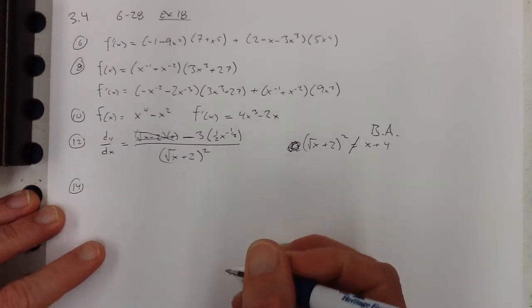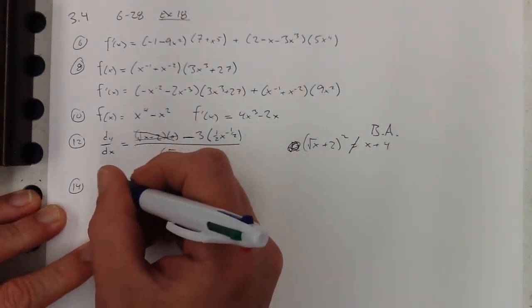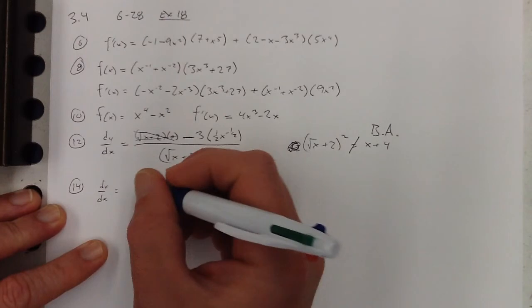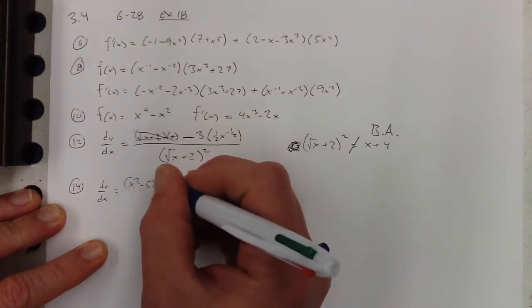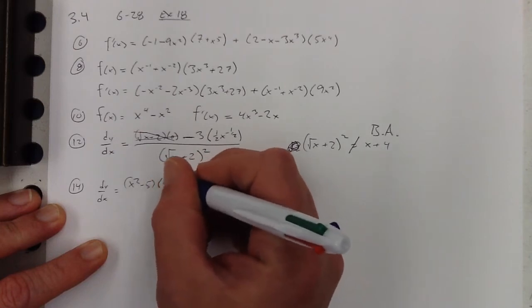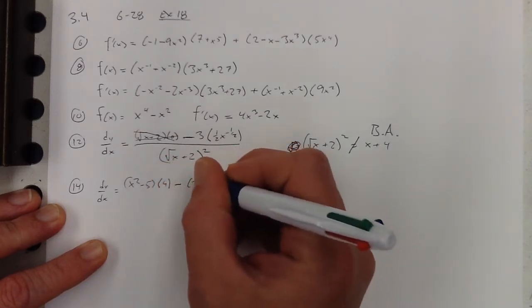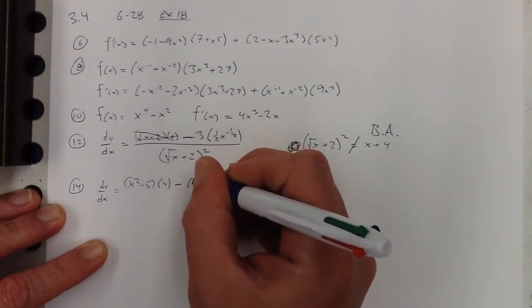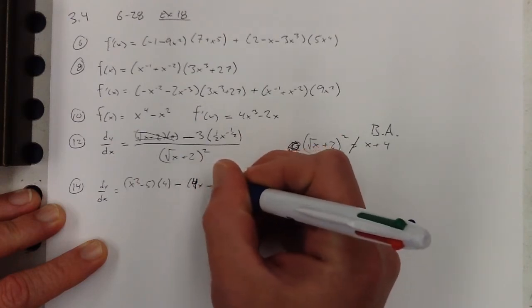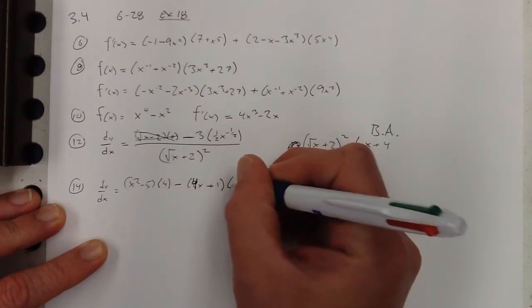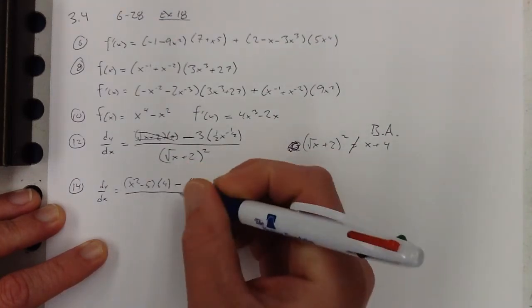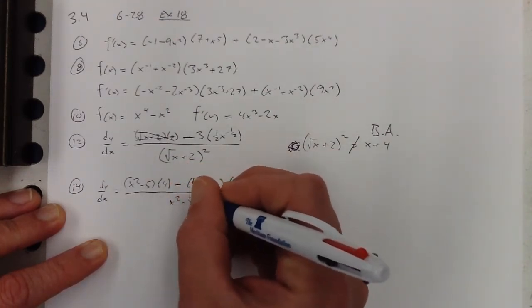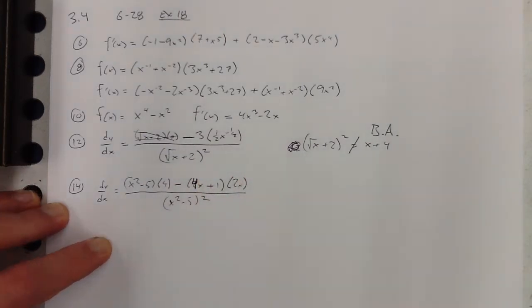Let's see, more quotient rule. Got dy dx equal to low d high minus high, oops, it's supposed to be a 4, d low over low, low.